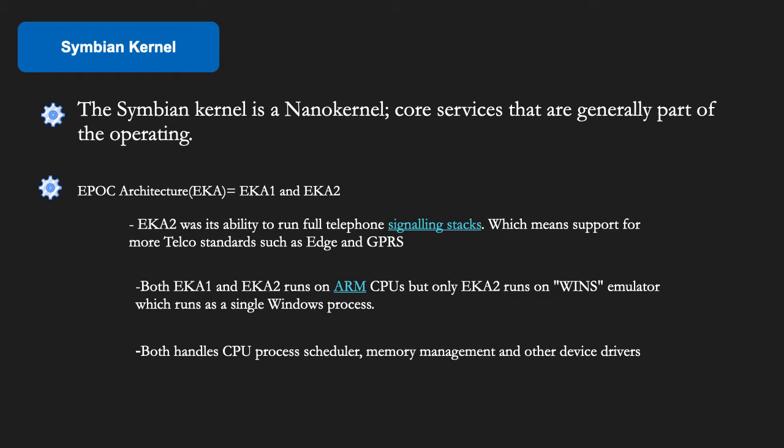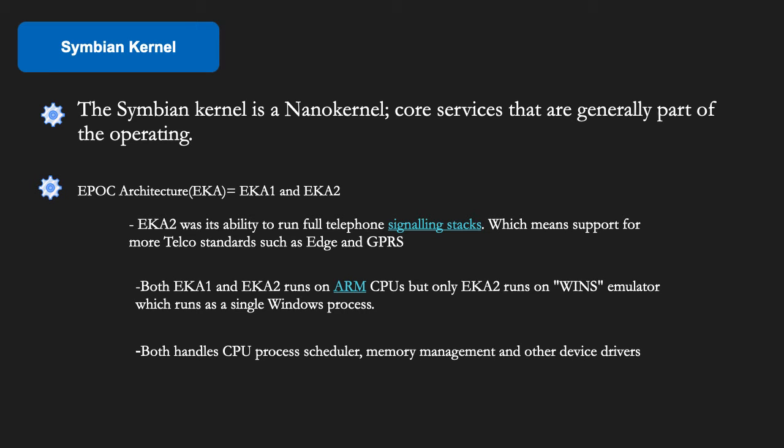Some of the other operating systems, like Windows, have a microkernel, but for this one, they use nano. At least they want the kernel as small as possible. The kernel of the Symbian OS is called EKA, which stands for Epoch Architecture.